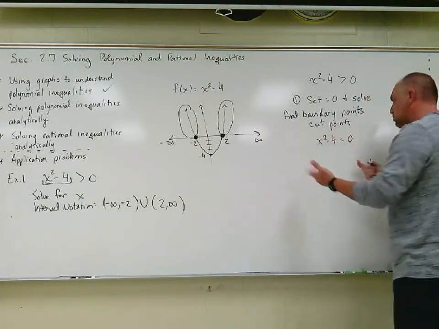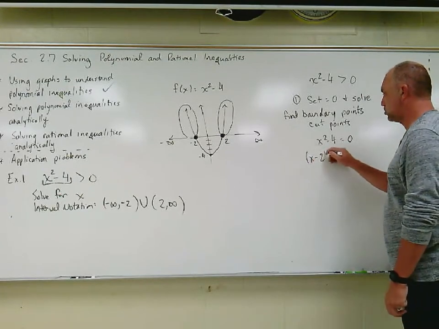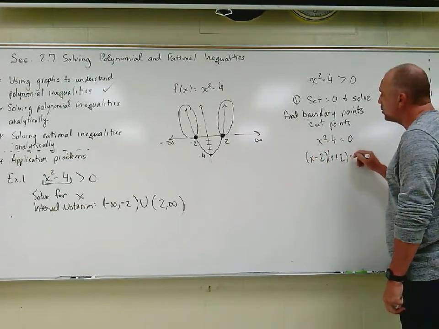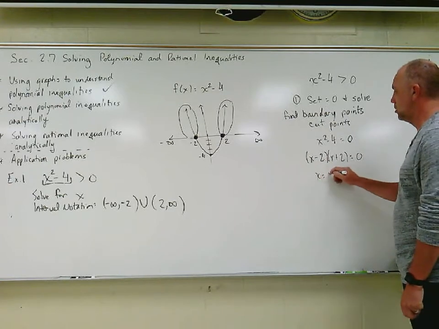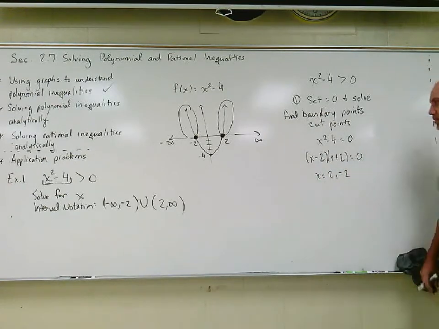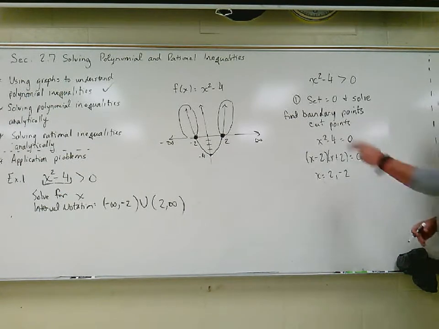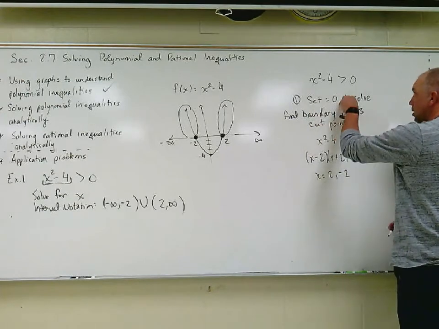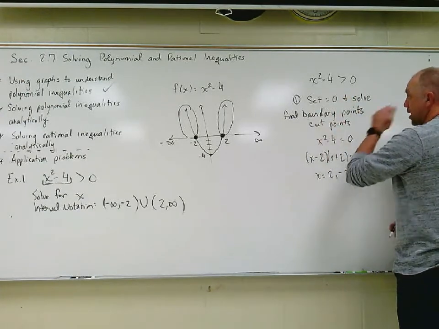The best way to solve this is by factoring: x minus 2, x plus 2. We already know these solutions, so we get 2 and negative 2. That's the first step when doing these inequalities by hand: set it equal to 0, solve, and find the boundary points.